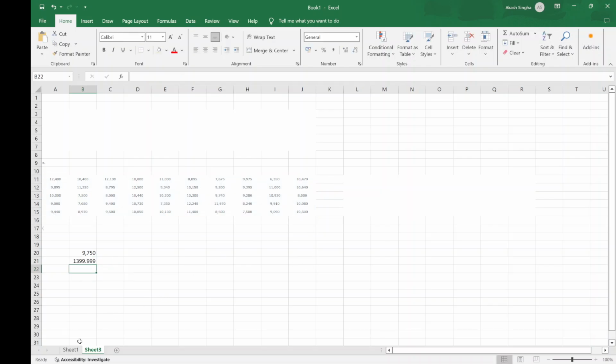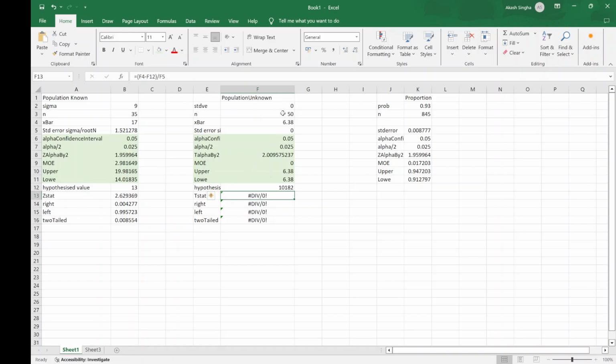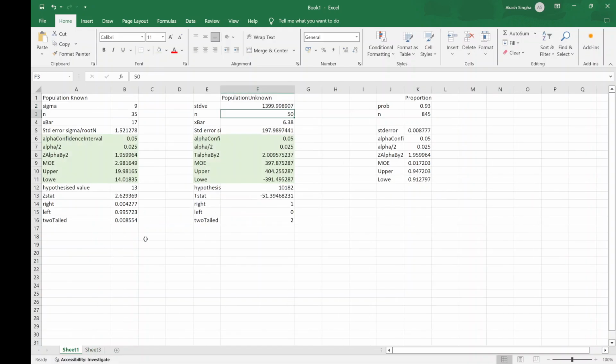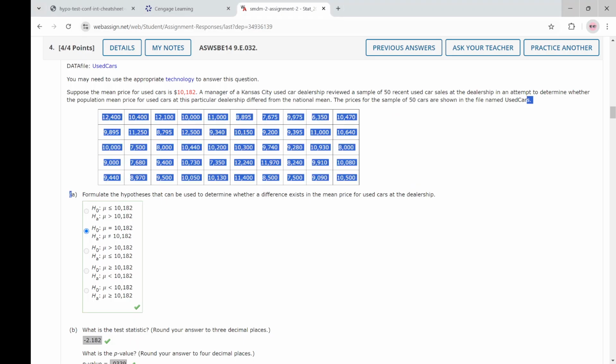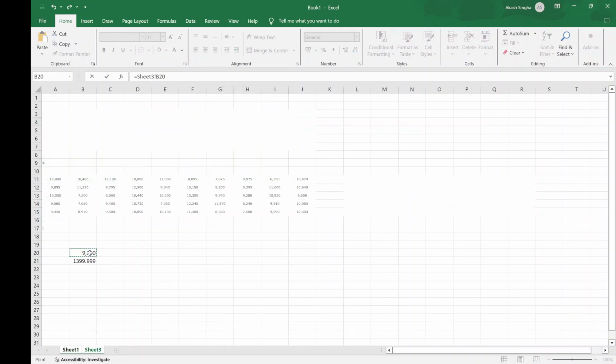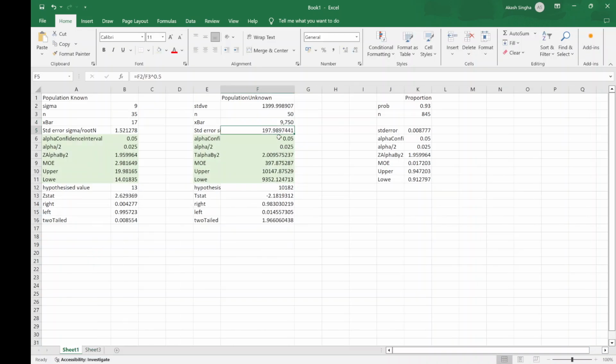So standard deviation is this. N is given as 50. X bar is this. Standard error then this much and hypothesized value is this much. T stat is this value.